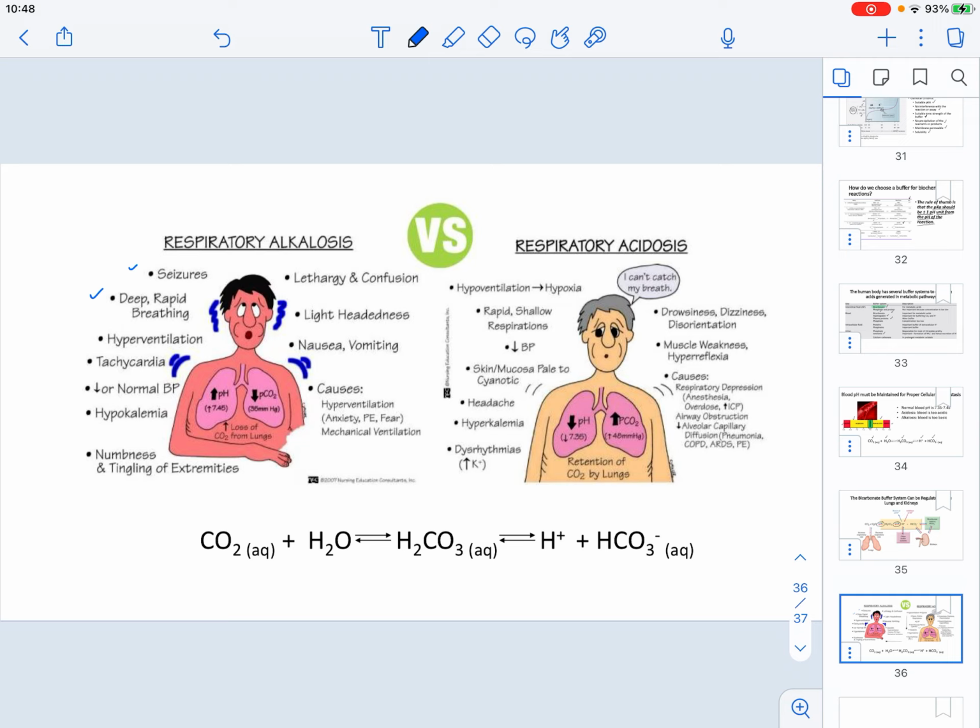So let's explain what makes the respiratory system create an alkalosis. Let's say, for example, that somebody is undergoing hyperventilation. In hyperventilation, as you know, this person is breathing rapidly.